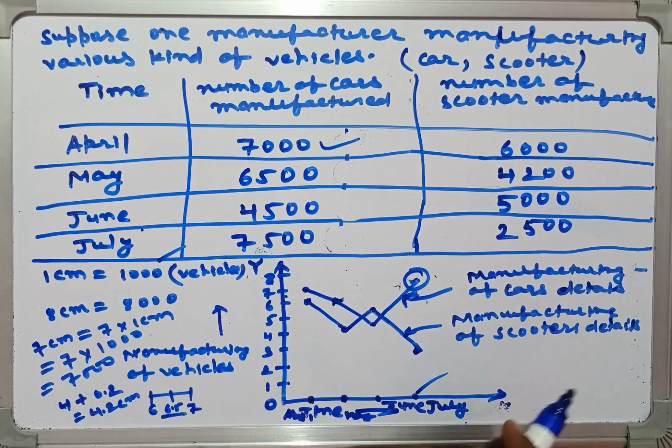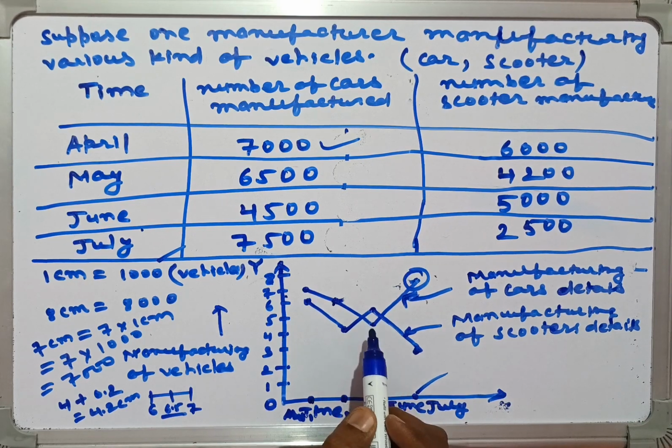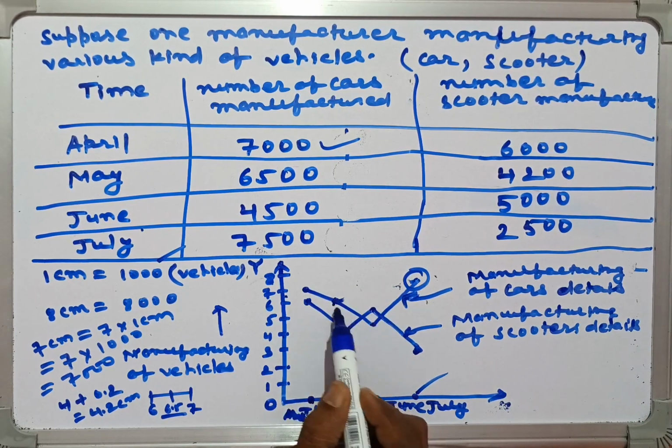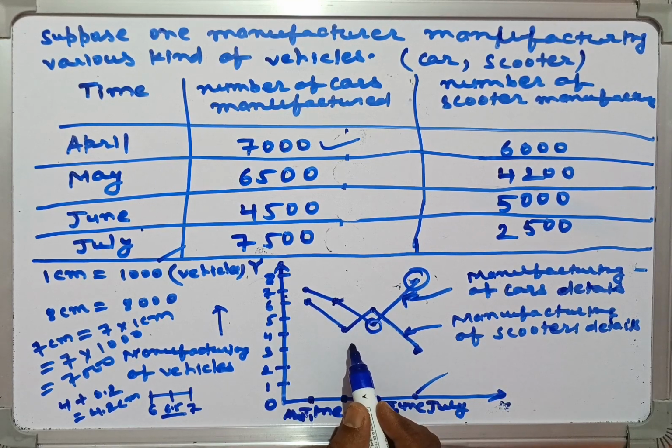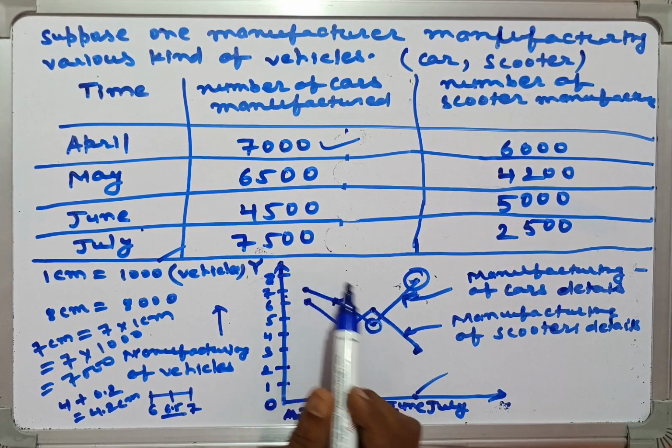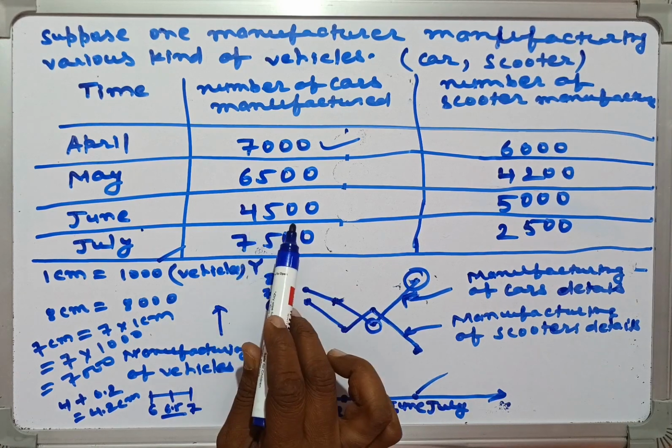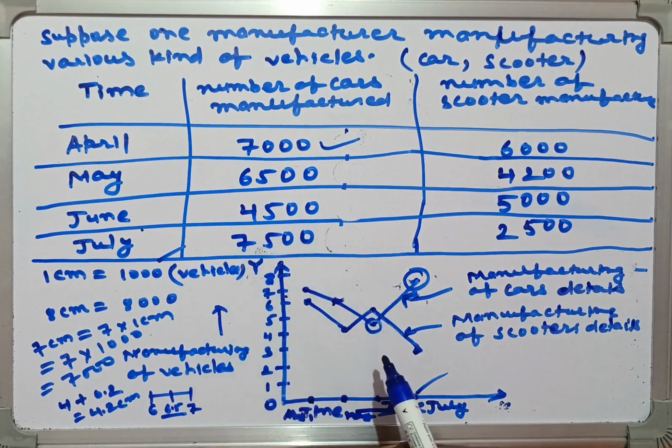Various types of questions are also asked, like in which month the manufacturer manufactured the least cars. You can see in this graph the lowest point is this one, which is 4500.